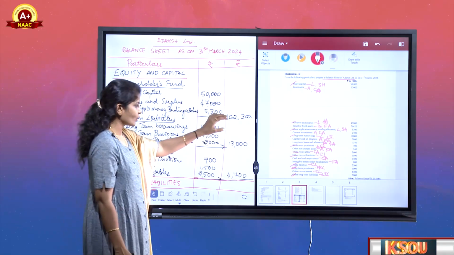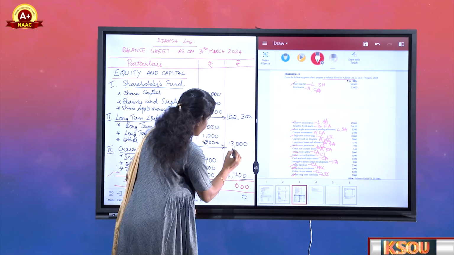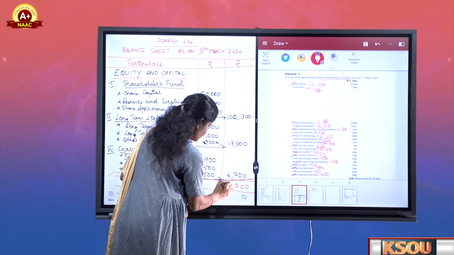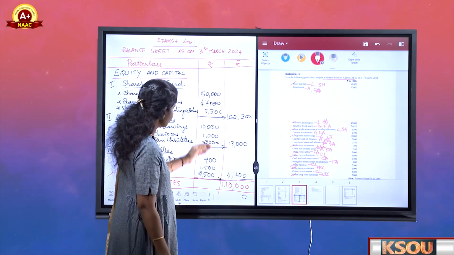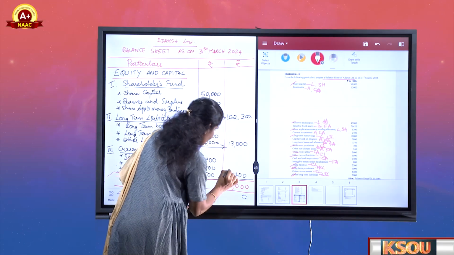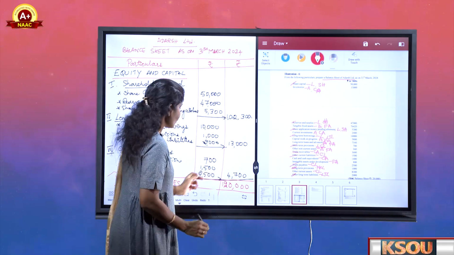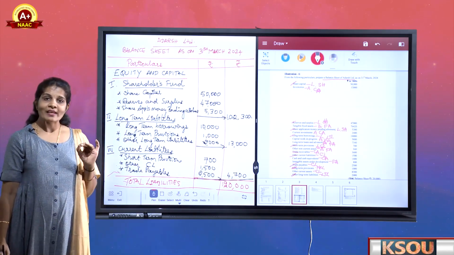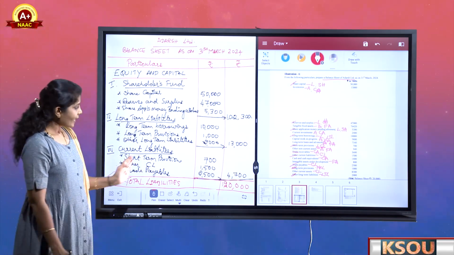Let us take the total of the 3 headings. It is 1,10,000. Sorry, it is 1,20,000. The total liabilities is 1,20,000. So the asset side of the balance sheet should also be 1,20,000. We should get that. Let us continue.